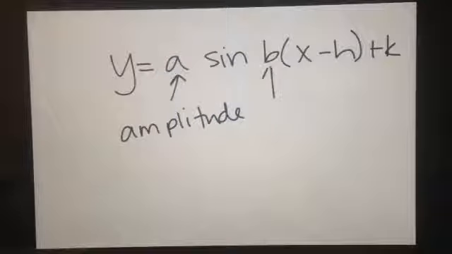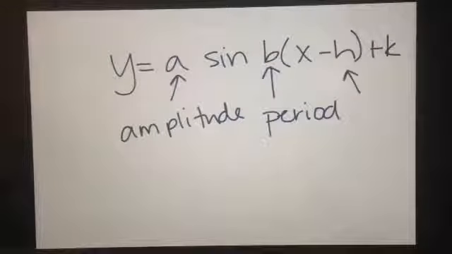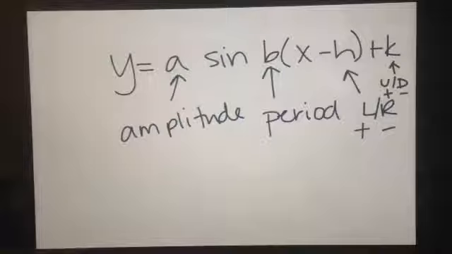The number here is going to help you find the period of the graph. And then the number inside the parentheses will tell you how far you're going to move to the left or right. If it's positive, you're moving to the left. If it's negative, you're moving to the right. The number on the end tells you if you're moving up or down, positive for up, negative for down. So the H and the K parts, we won't actually be dealing with on this video. We'll just be looking at the amplitude and the period.